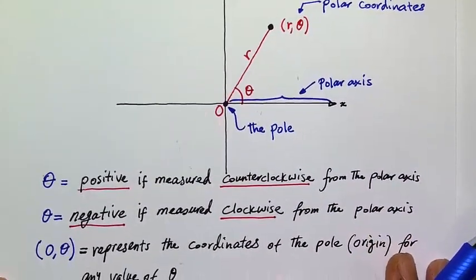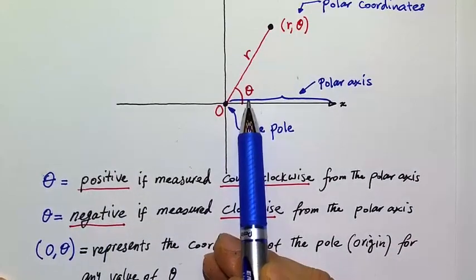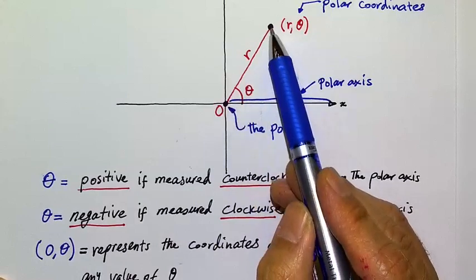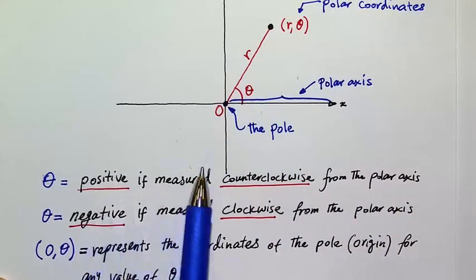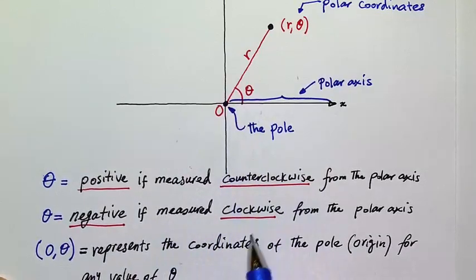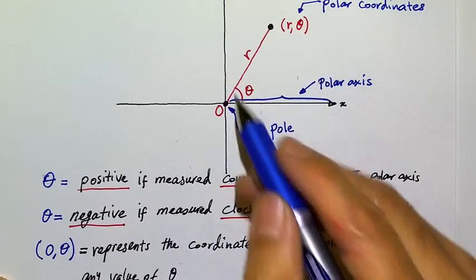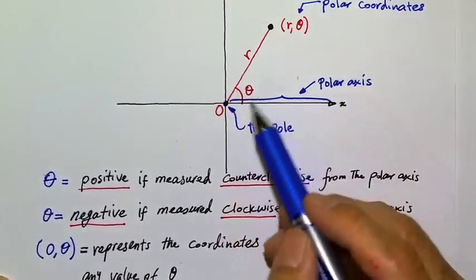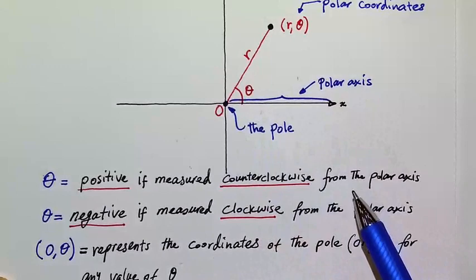Okay, theta, this angle between the polar axis and the line from the origin to the point we're identifying with polar coordinates. Theta is positive if measured counterclockwise. I don't want to put an arrow here because I want to keep the figure general.